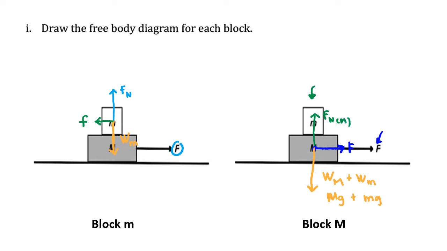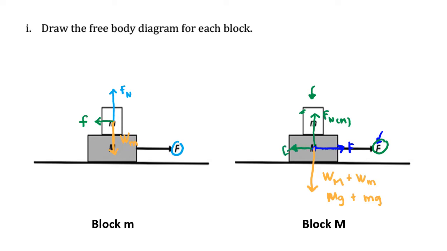Now, as the bigger block is being pulled towards the right because of this force right here, the friction that exists between the smaller block and the bigger block would now take place, and for that reason there is actually a friction headed in this direction.